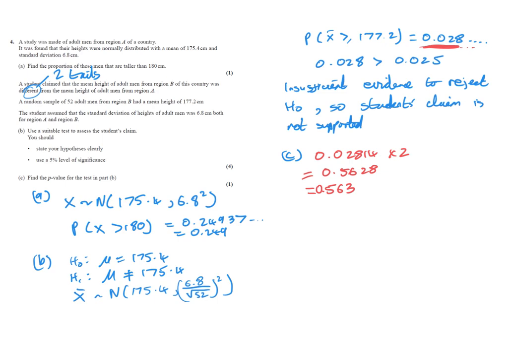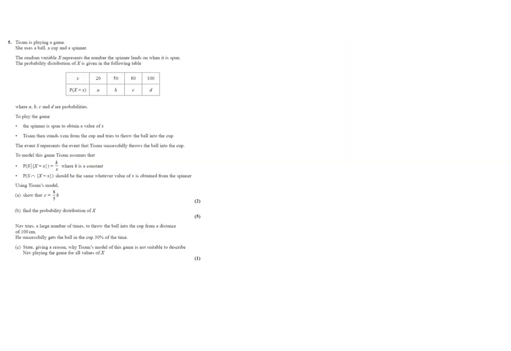Not loads to report from the exam report mark scheme here. As I say, if you did it as a one-tailed test rather than a two-tailed, then you could have got 3 out of 5 for the parts B and C together. And as I say, the completion of part C was shocking across the country. So obviously the previous part wasn't great.